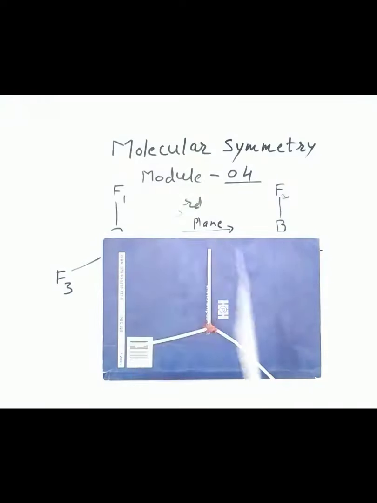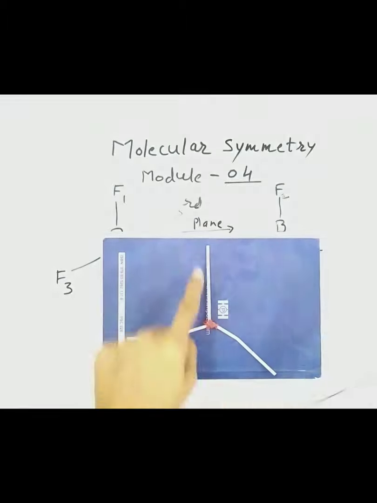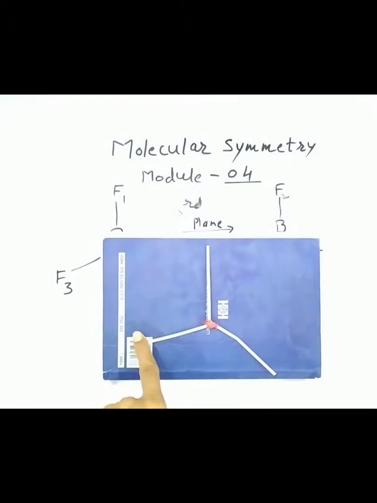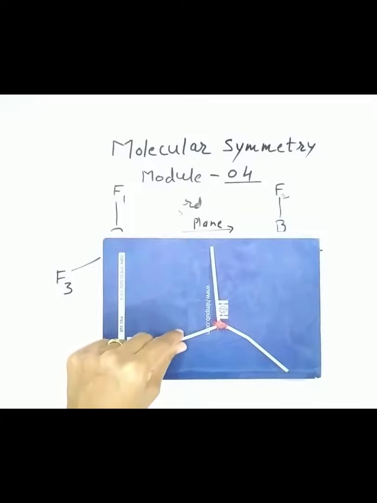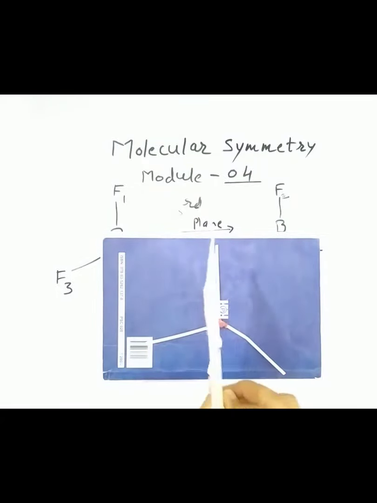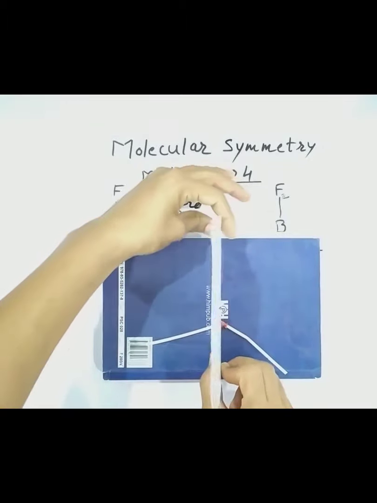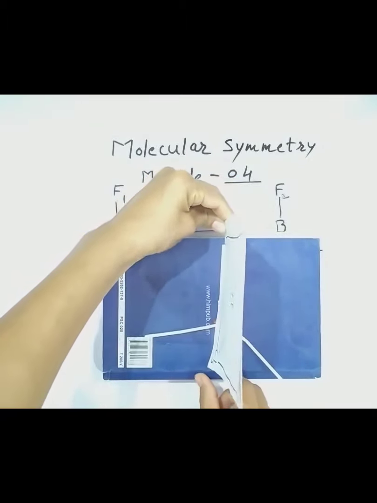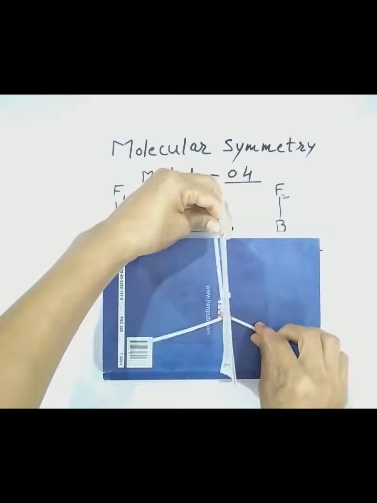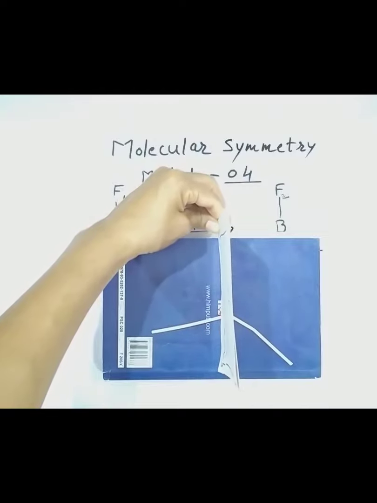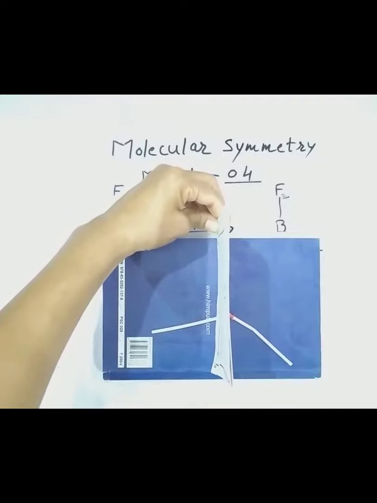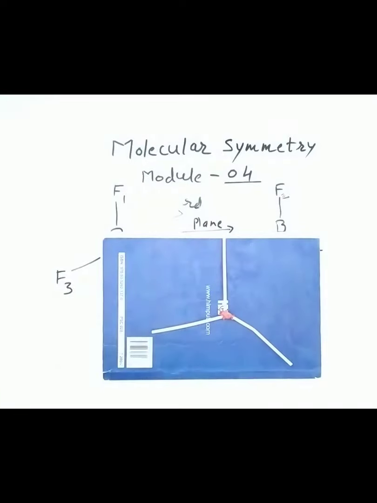This is fluorine 1, fluorine 2, fluorine 3. Suppose like this I am passing the mirror plane. Can you see the exact reflection on either side of the mirror? Yes, which means the mirror plane can be passed from here.